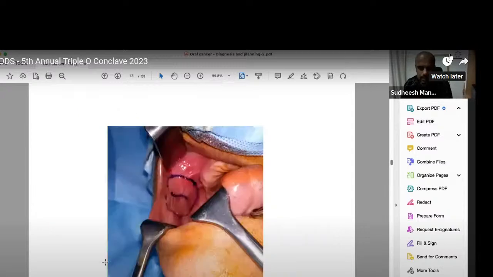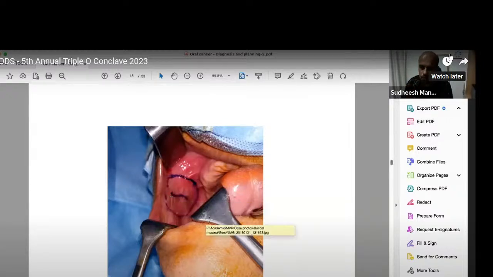So what happens? This is one of my cases where a dental surgeon did an excision biopsy of a small buccal mucosal lesion. All I have is a scar with a surrounding fibrosis. So where do I do the surgery? I'm blinded from the actual lesion.